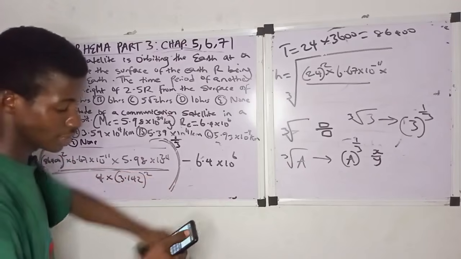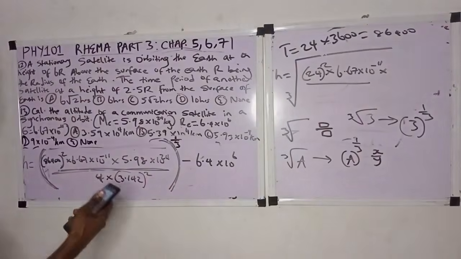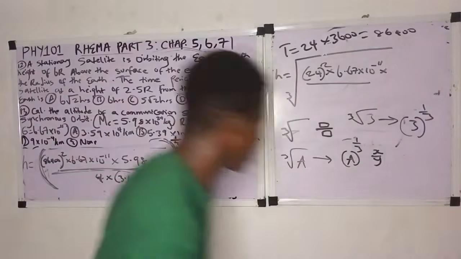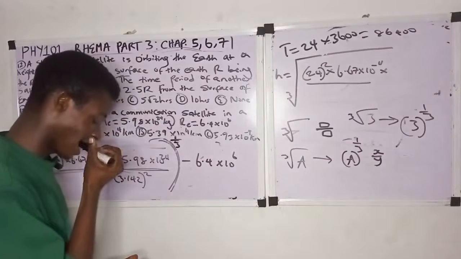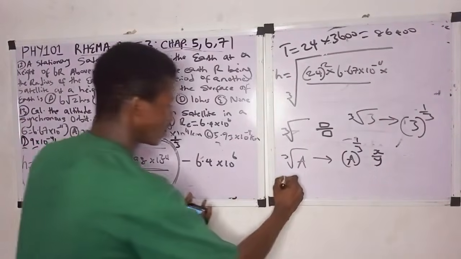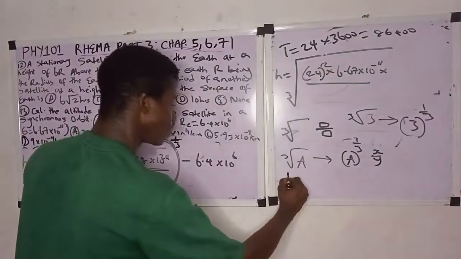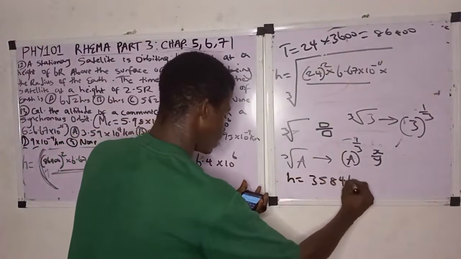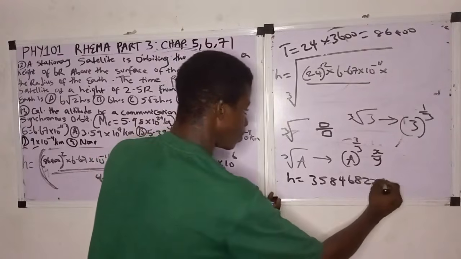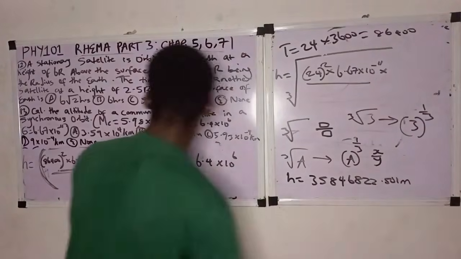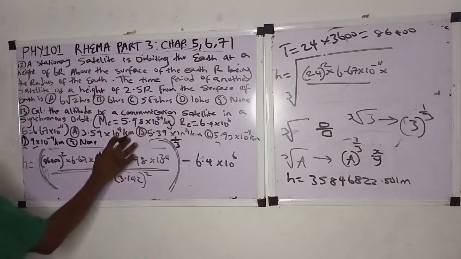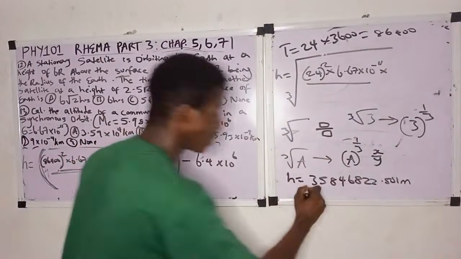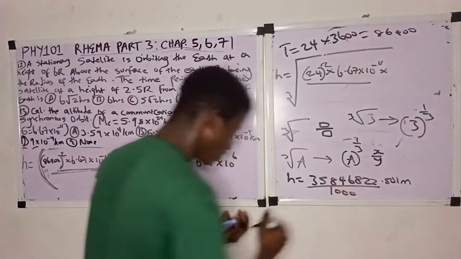So our answer, a very long answer, is that the altitude is 3,584,682.501 meters. Now, if you look at our options, they are in kilometers, right? To convert from meters to kilometers, divide by 1,000.